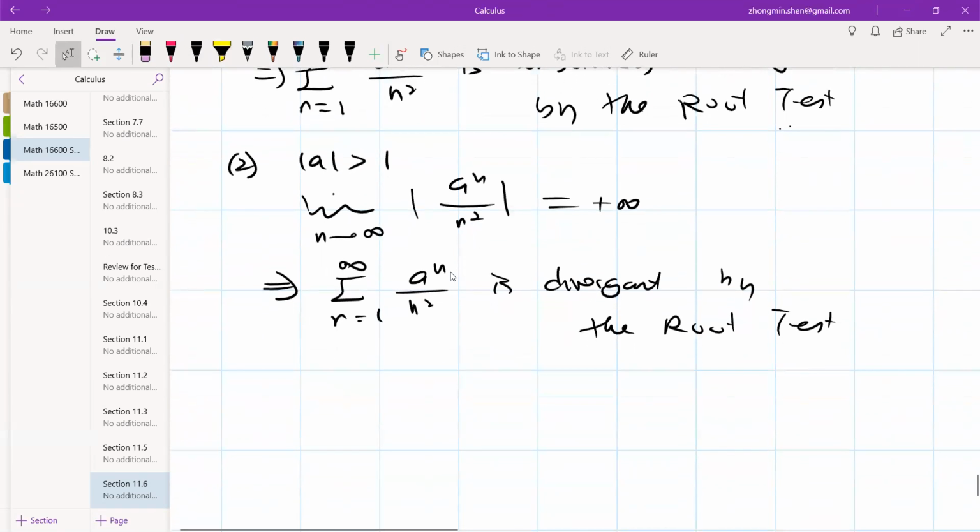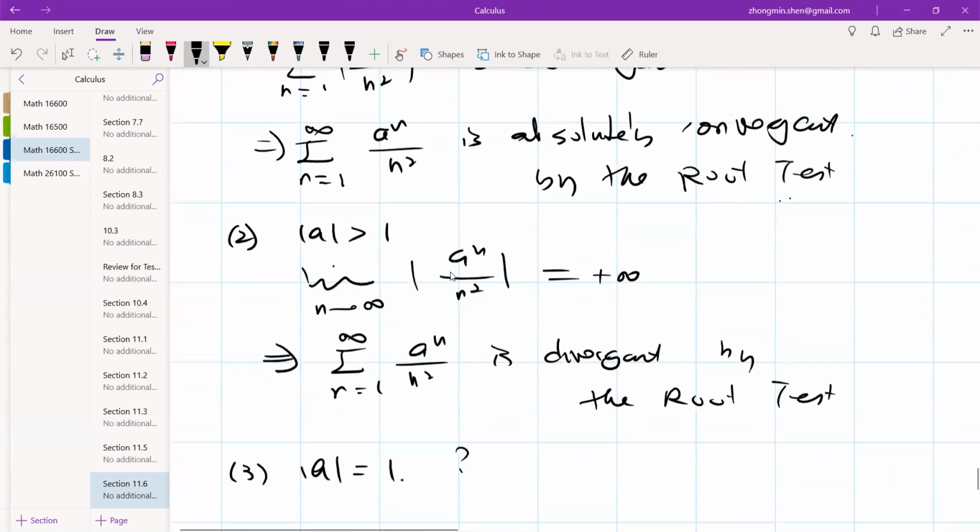How about the absolute value of a equals 1? Think about it. I'll give you a minute.